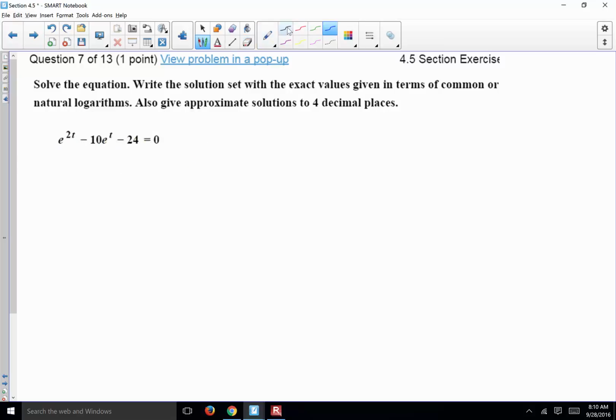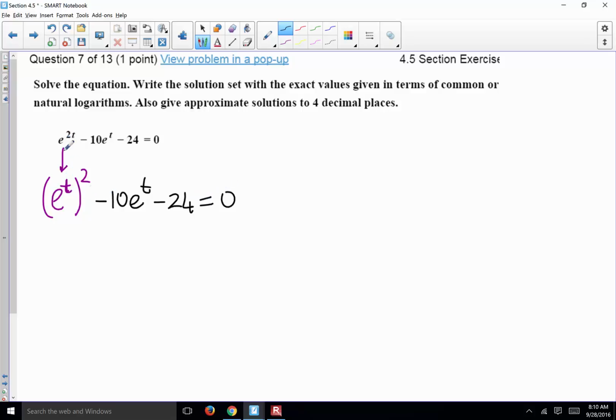Alright, let me give you a hint. e to the 2t, can I write this as e to the t to the second power, squared? Does it work? Or am I just making that up?